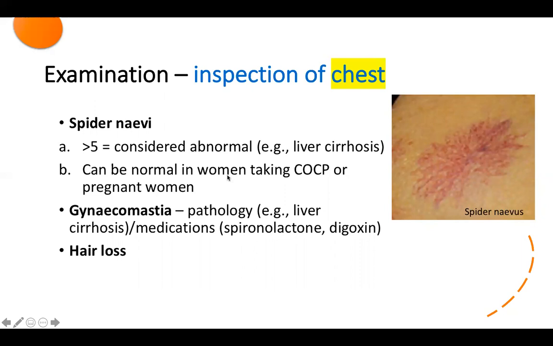It can be normal if a woman is taking a combined oral contraceptive or if they're pregnant. Other things you look out for is any gynecomastia, which either could be due to a pathology such as cirrhosis or medications like spironolactone or digoxin, and hair loss. So just see the normal pattern, is there any abnormal patches of hair loss.